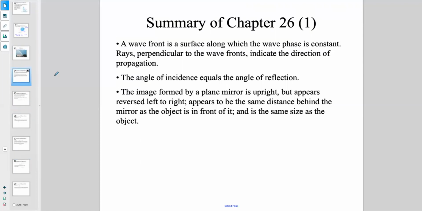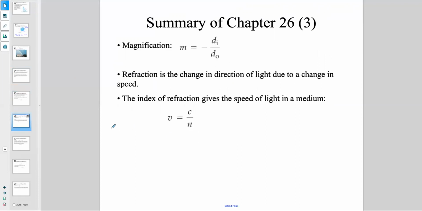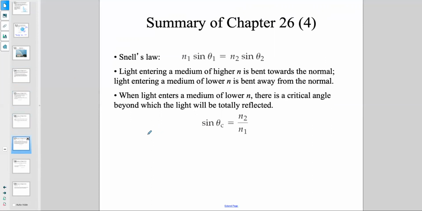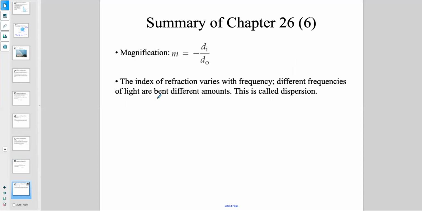So, summary: we talked about the mirror formulas and the magnification, the speed of light, what the total reflection angle is, what the critical angle is, Snell's law, and the same formula that is also true for lenses, and then the magnification of the lenses. If you have any questions about these, I'll be happy to answer them. Otherwise, this is the end of chapter 26, and let me know if you have any questions.